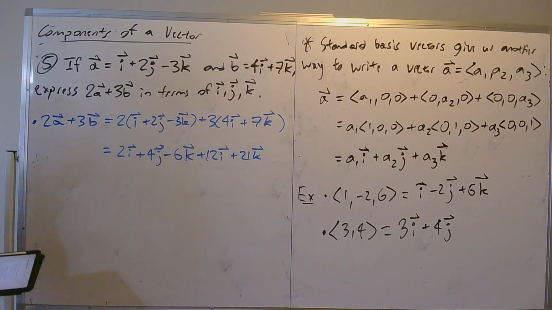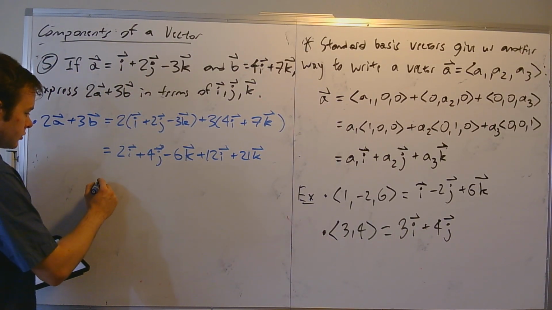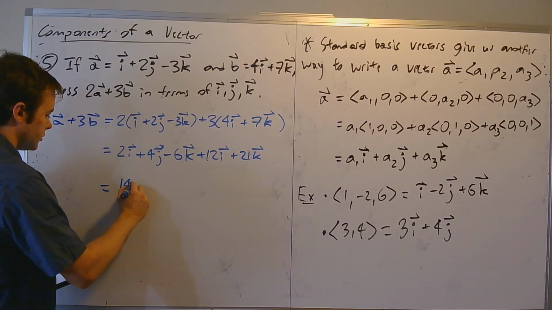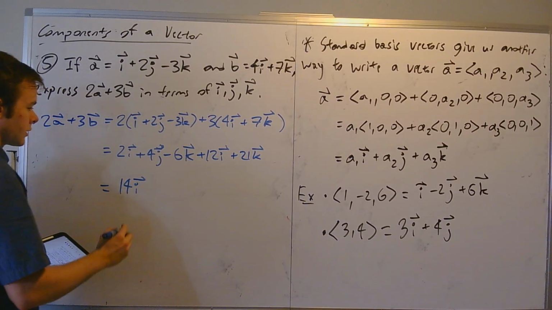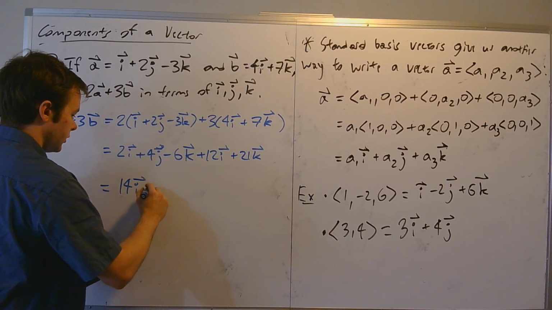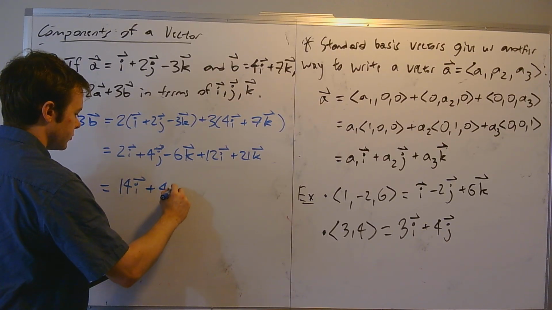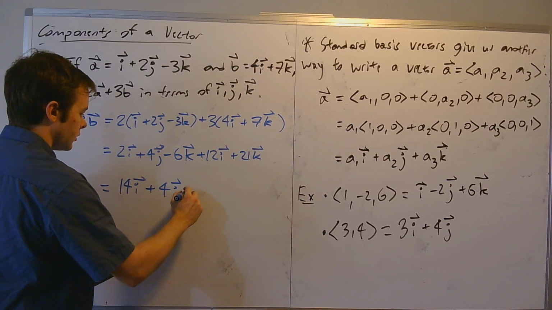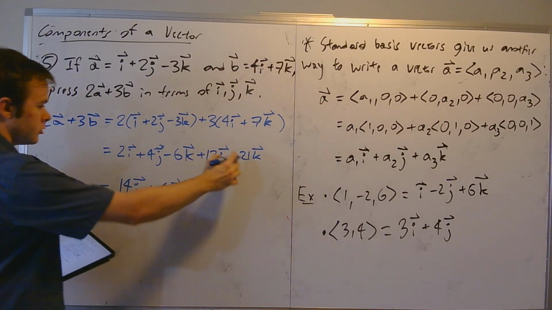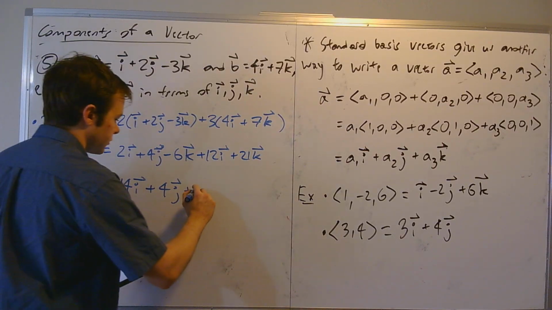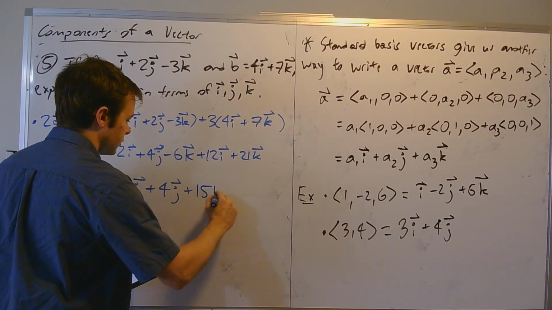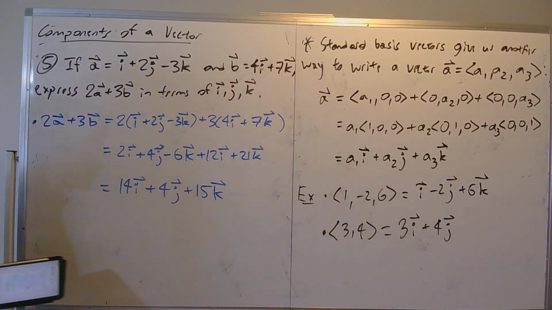And then we just combine everything. So if we do that, then we're going to get 14 times i plus 4 times j plus, so 21 minus 6, that's going to be 15 times k. And that's going to be our answer there.